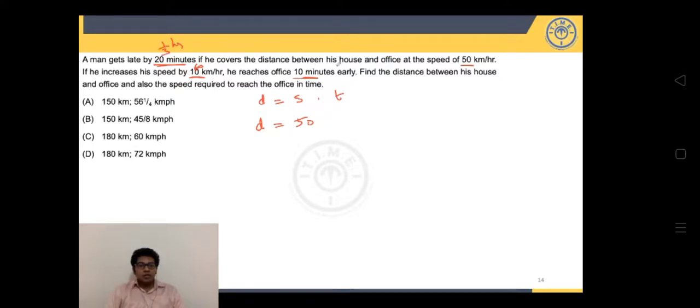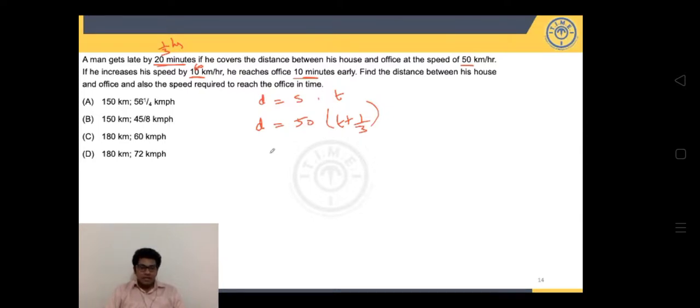Okay, so when he travels at 50 kilometers per hour, he's 1/3 hours late. So the time taken by him is nothing but t plus 1 by 3. So d will be equal to 50 into t plus 1 by 3. When speed is 50, the time is t plus 1 by 3. So time is increasing, therefore speed is actually reducing. So x should be greater than 50.